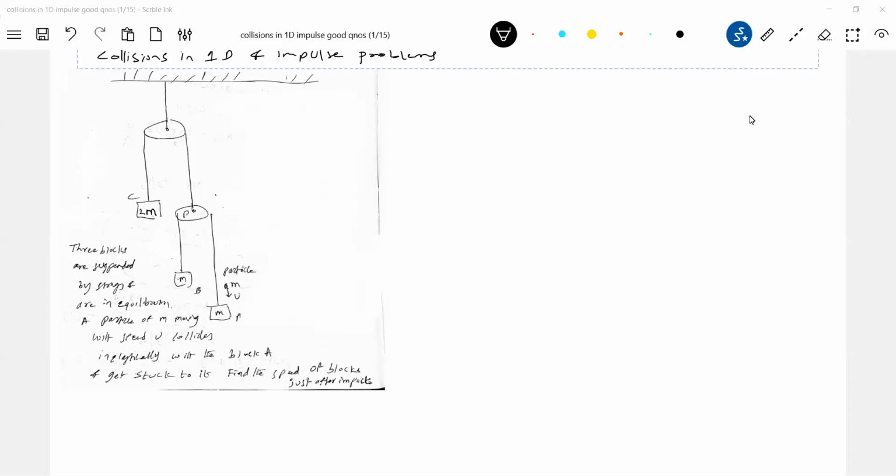What we studied in impulse, we are now extending that concept to different types of numericals.